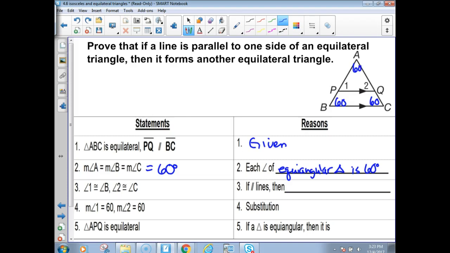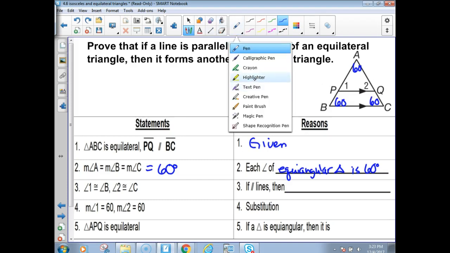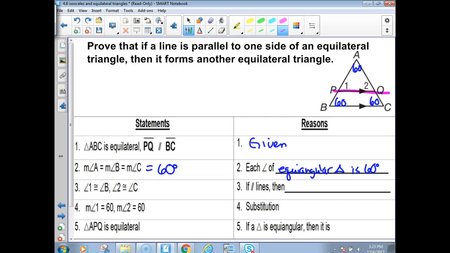All right, after that, angle 1 is congruent to angle B. Angle 2 is congruent to angle C. Now, there's a different reason for that. You see these parallel lines? What kind of angles are here and here? Yep. So if parallel lines, corresponding angles are congruent.